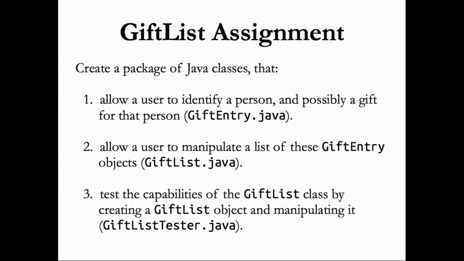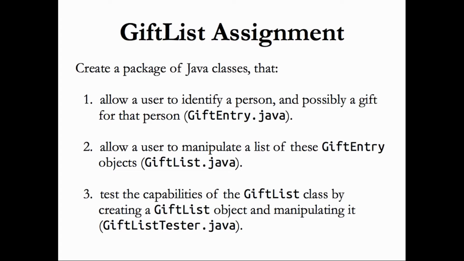This is a class that allows us to create a gift entry object, which will identify a person and potentially a gift that we're getting for that person. We're also going to be keeping track of a larger gift list, which will include an array list of a lot of gift entries. So we're going to need to write that class. And then finally, we're going to write a gift list tester class that demonstrates how these pieces all work.